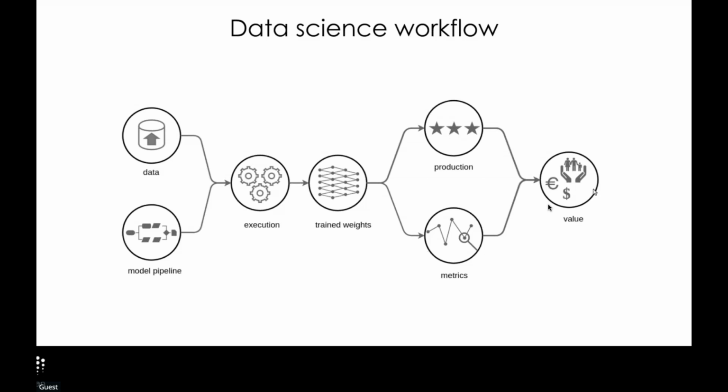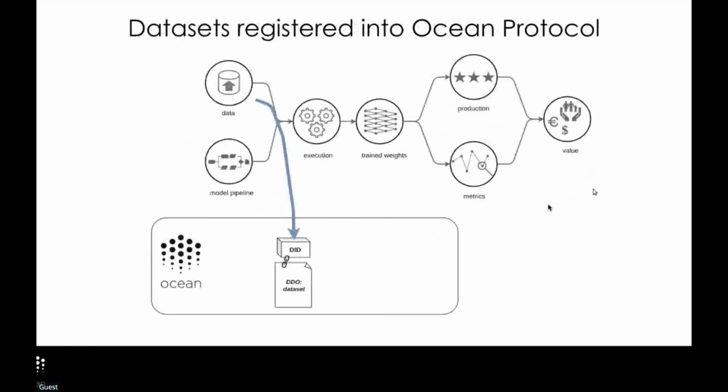Okay, so these are all types of assets. The first type of asset that Ocean Protocol registers, and this is the basis of the protocol, is the data itself. In the Web 2.0 world, we have a universal resource locator, URL.